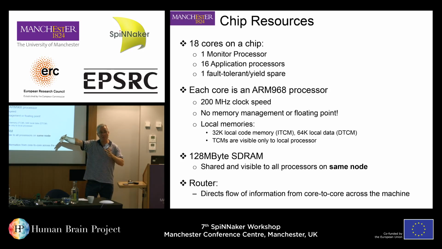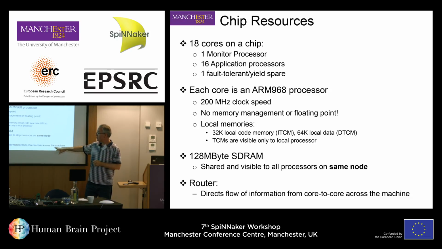It's not across a bus from the core, technical jargon. And those local memories are only visible to the local core, so one core can't access the memory of another processor, which if you're trying to write your own application can be a little bit hairy. What you can do, though, is they can all see the shared 1 gigabit, 128 megabytes, of shared address space, so that they can actually exchange data by writing to the common store and then reading back out again. So there is some communication.